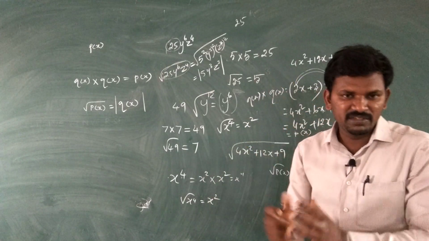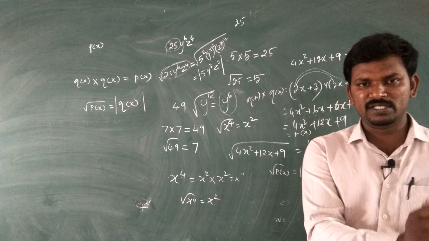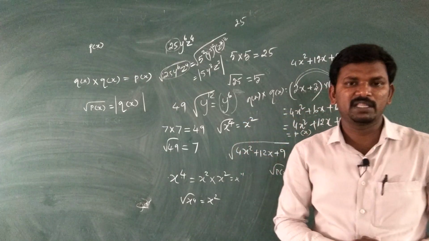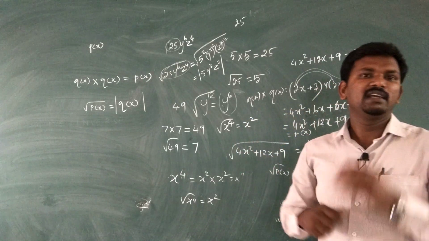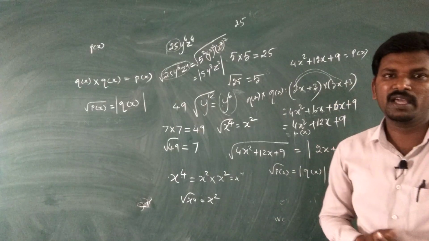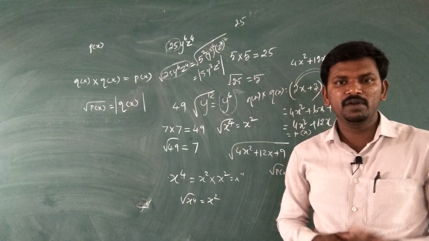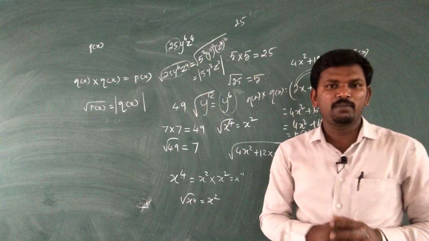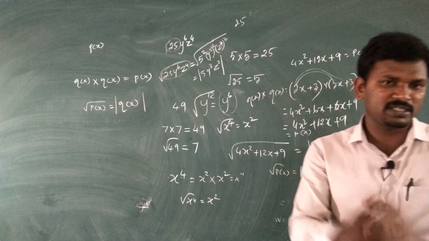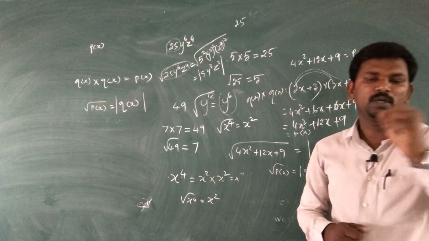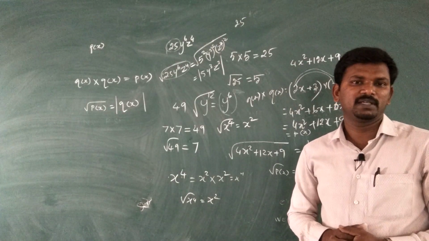The other one is the division method. Using the division method, we can find the square root of the polynomial. So watch the next video, which is about the square root of a polynomial using the factorization method. Watch it carefully and understand the concept. Thank you.